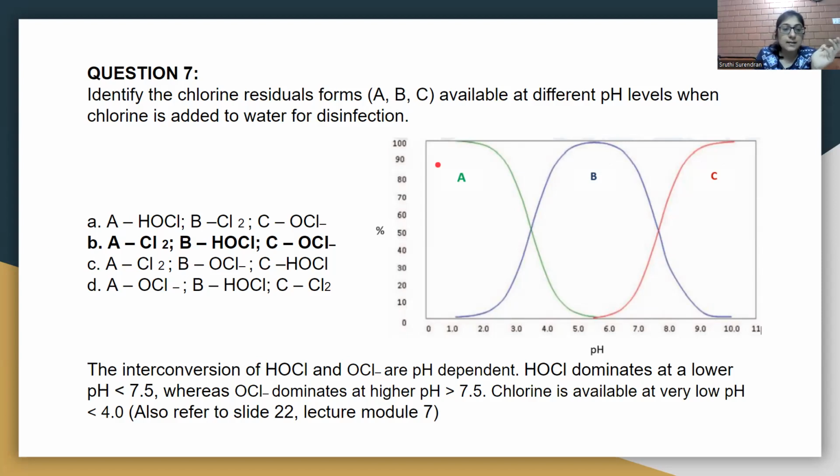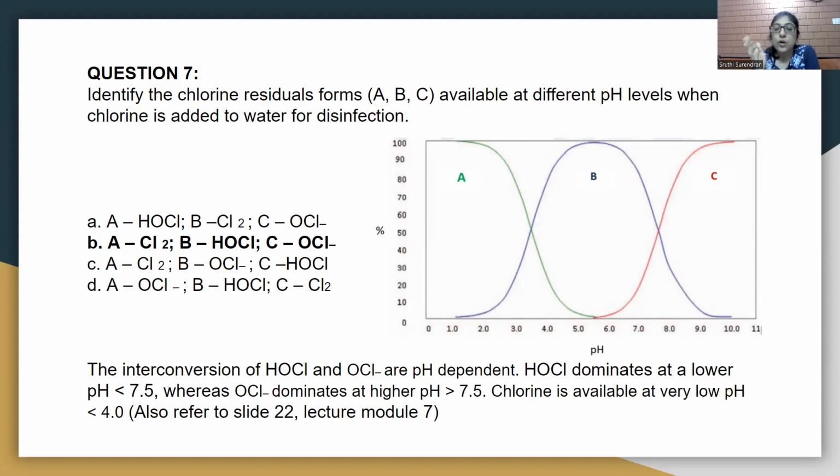So the correct answer for this question would be A. This region is having chlorine, this is having hypochlorous acid, and this is having the hypochlorite ion. These three forms, the reactions, and the pH at which each exists are very important with respect to disinfection and chlorination.